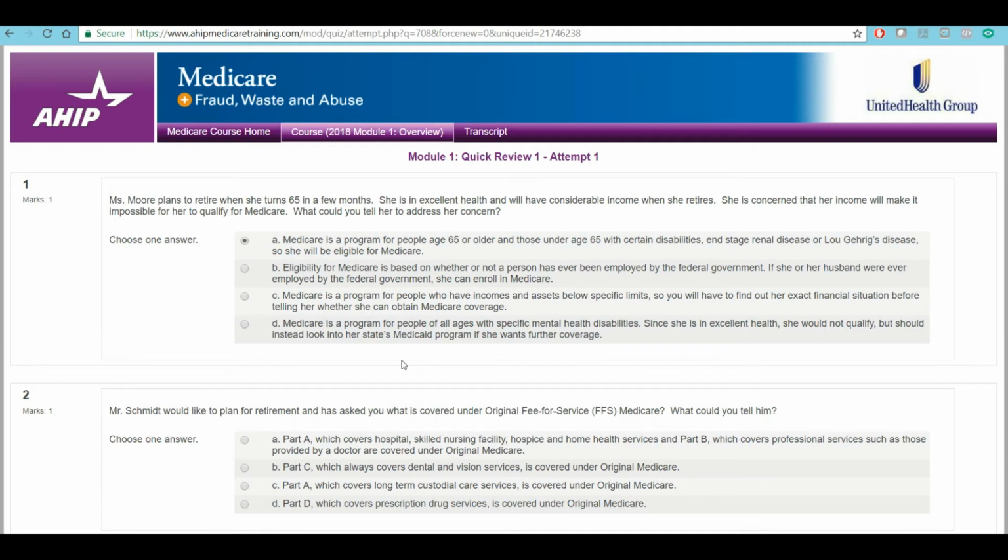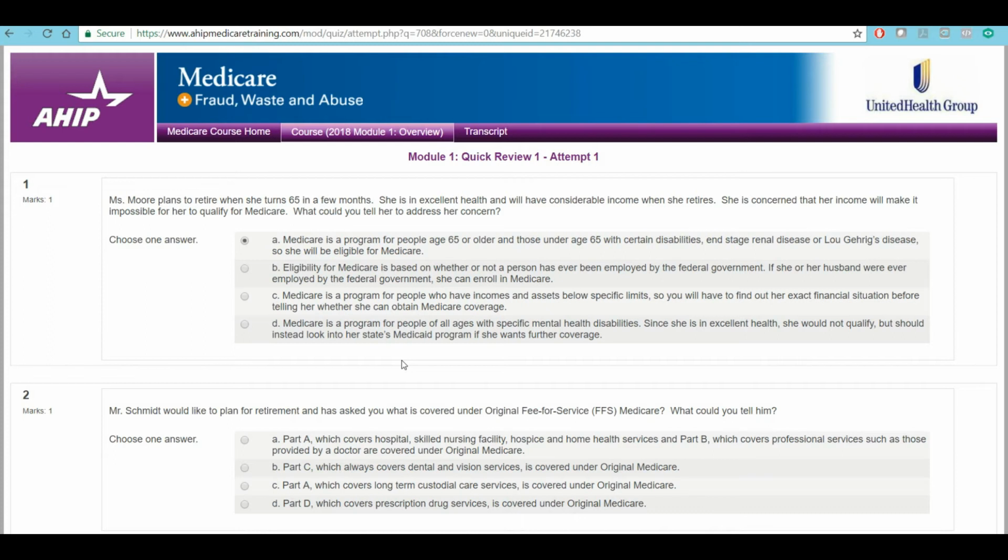Or the answer could be: eligibility for Medicare is based on whether or not a person has ever been employed by the federal government. Is that right? No. C, Medicare is a program for people who have incomes and assets below specific limits. So find out her exact financial situation before telling her whether she can obtain Medicare.